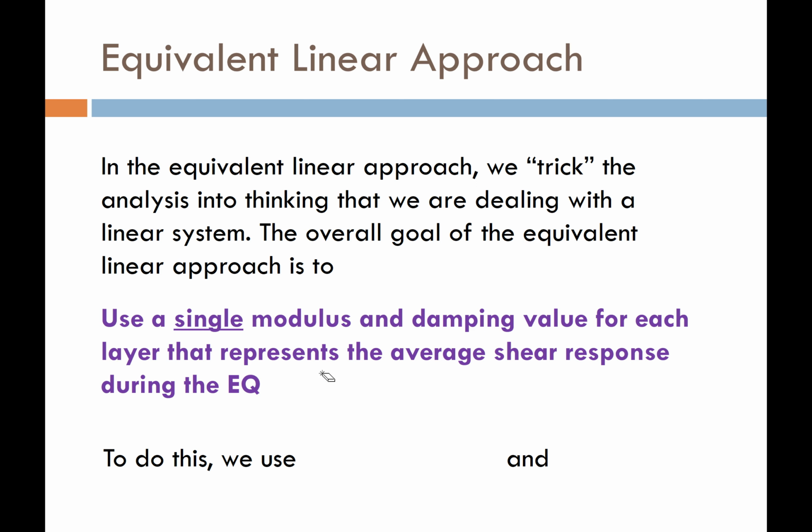So the whole idea is we're going to find the average modulus and damping value that we expect from the whole earthquake, and then plug those values into the linear analysis and spit out a single answer. To do this, we're going to use our good old modulus reduction and damping curves.